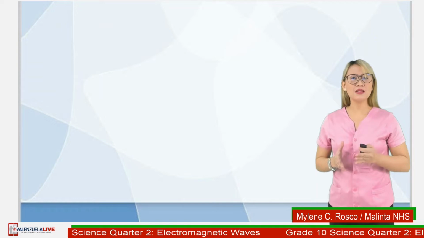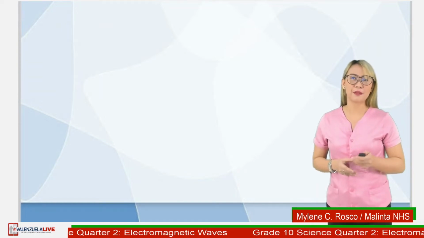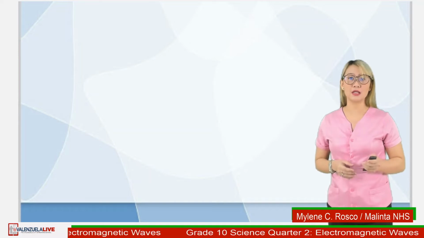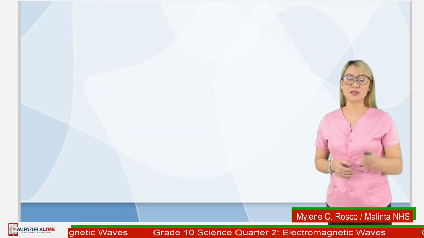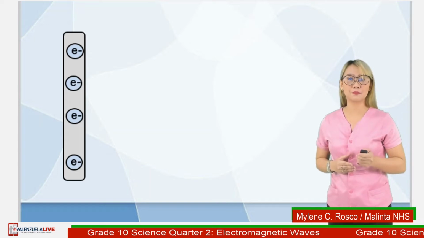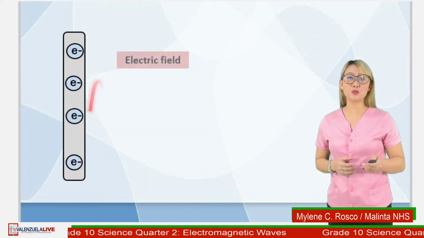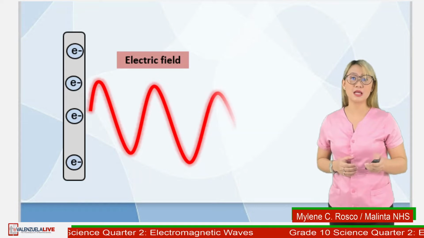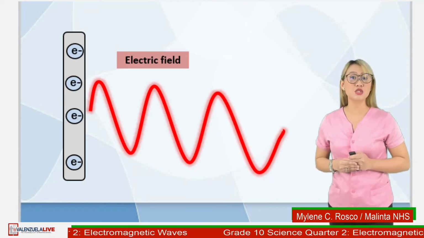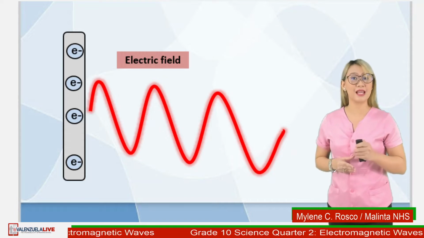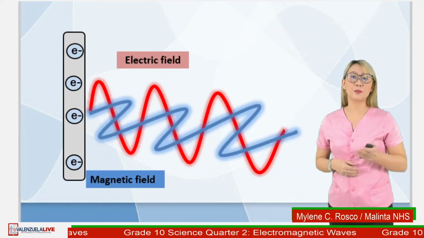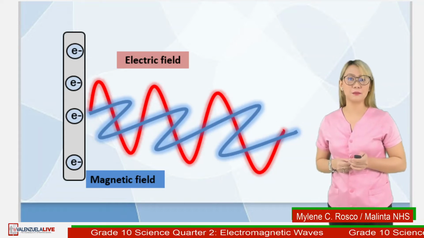So, what is an electromagnetic wave? Well, take note that charged particles, such as electrons, produce an electric field, and moving charged particles produce a magnetic field. Again, charged particles, such as electrons, produce an electric field, and moving charged particles produce a magnetic field.